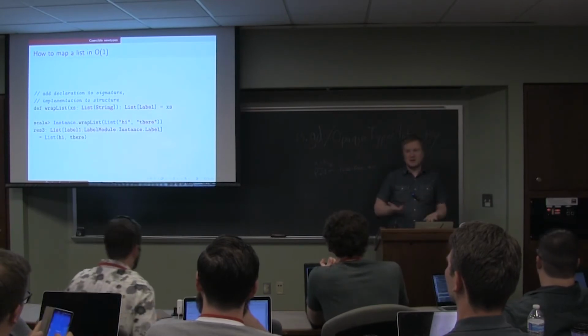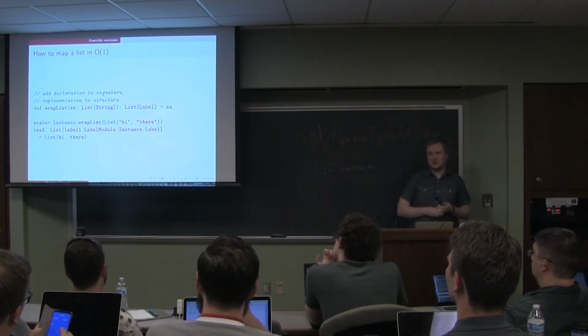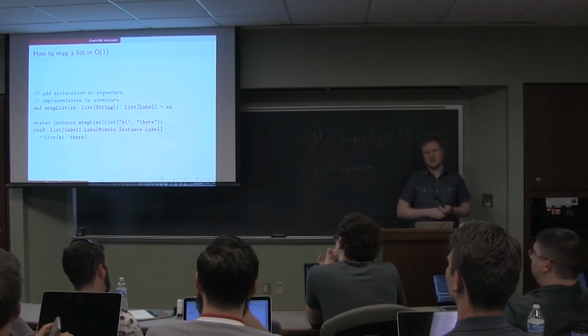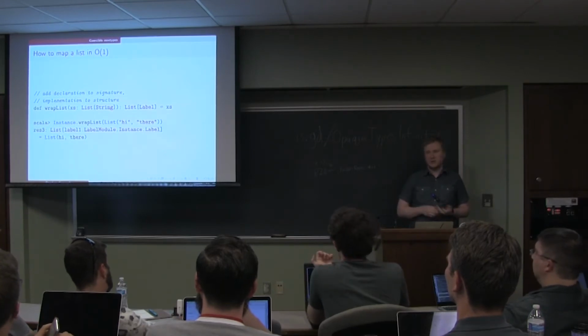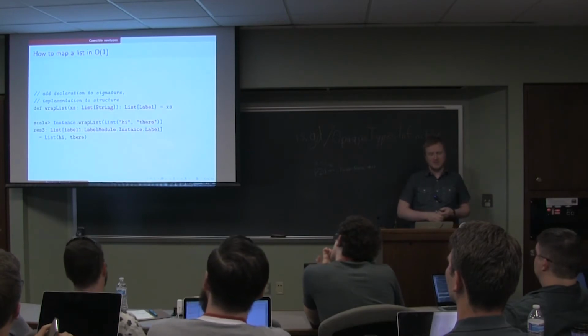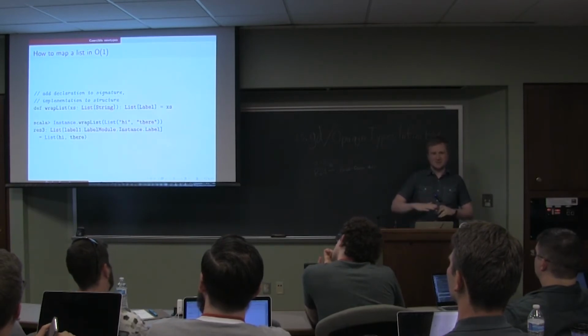So instead, we can add a function like this, wrapList, to our signature. We can declare it in the signature. We can implement it just like this in the structure. And why does this work? Because in the structure, String equals Label. Therefore, this is a function that takes a List of String and returns a List of String. And implementing that is beginner level Scala, right?